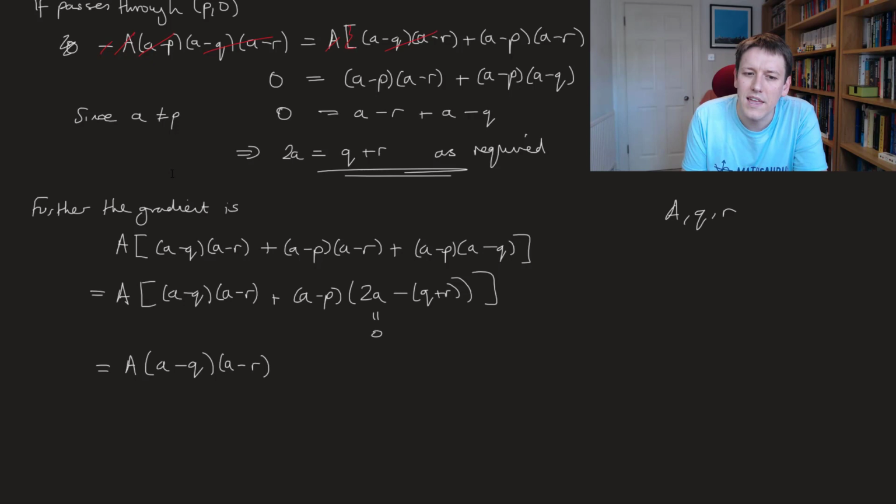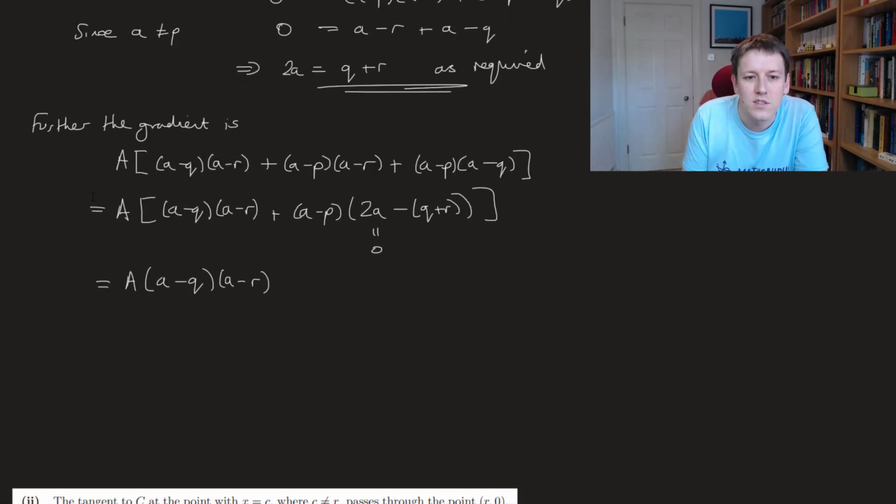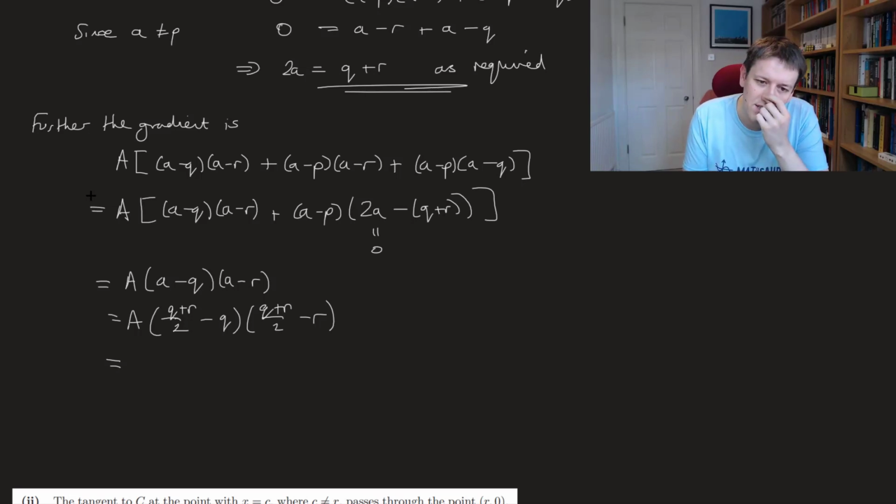Now, a is also not one of the constants we're allowed to have in the formula, so I need to also replace the a here with q plus r over 2. Okay, so this is a times q plus r over 2 minus q times q plus r over 2 minus r, and then, okay, so this is q over 2 minus q, so that's minus q over 2, right?